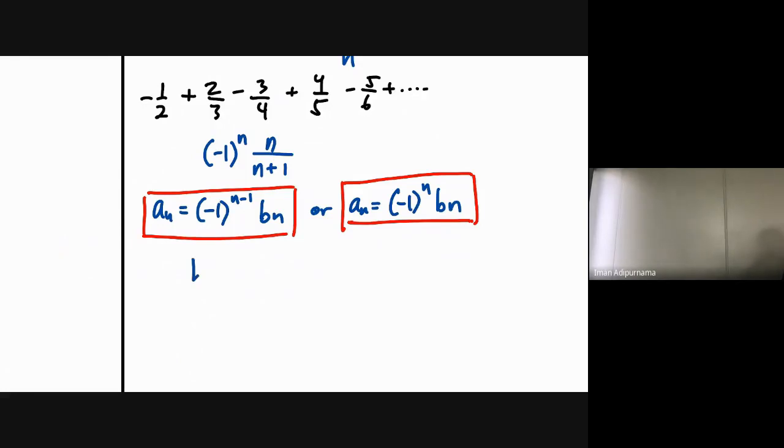And we can also say that Pn is actually the absolute value of the n itself. Okay.